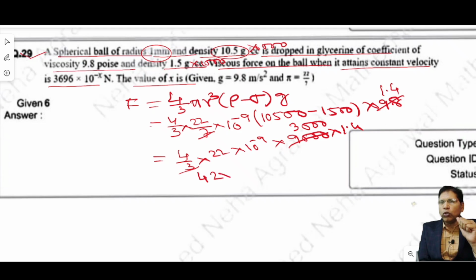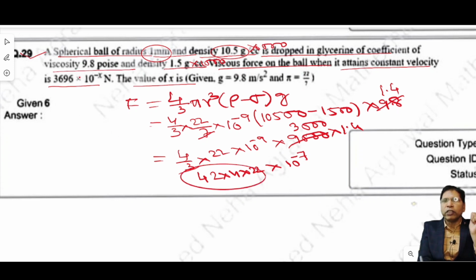This is 42 into 4 into 22, into 10 to the power minus 7. Multiplying this factor, we get x to the power minus 7, here minus 6. So look at this, this is the answer.